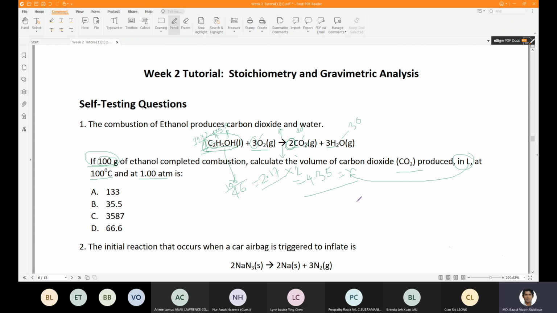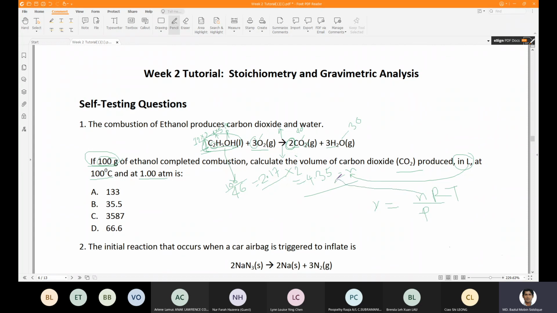And from the gas law, we know PV equals nRT. So V will be equal to nRT over P, right? And we will just plug in these values.